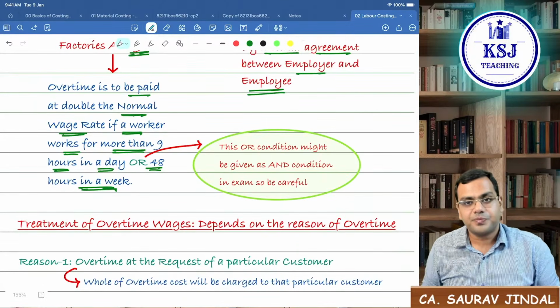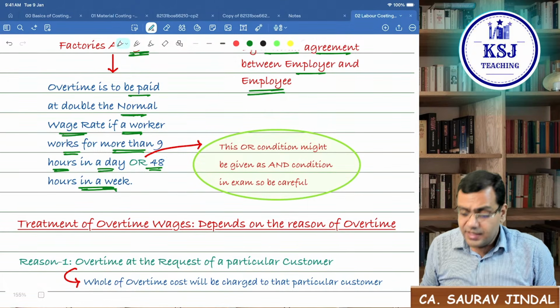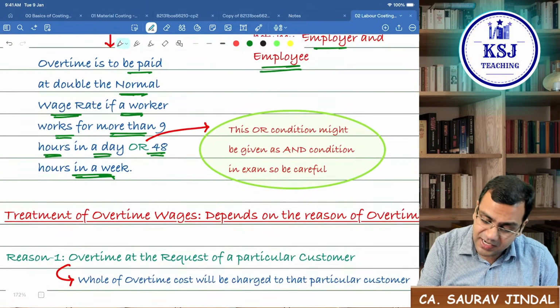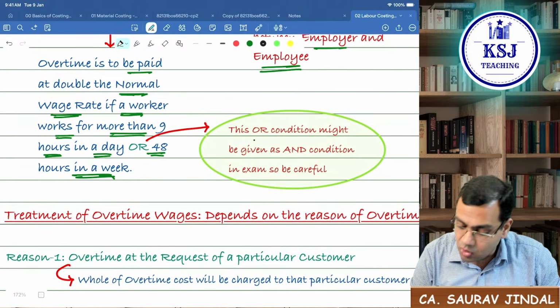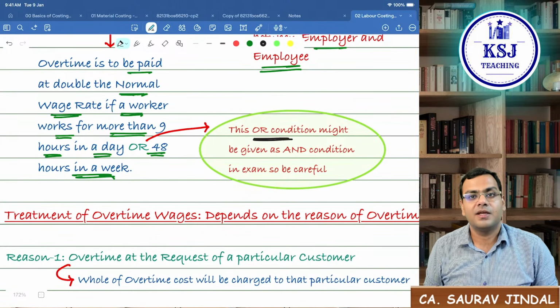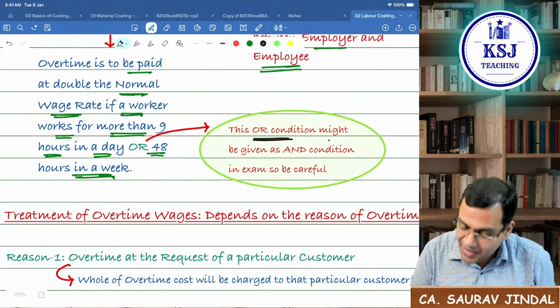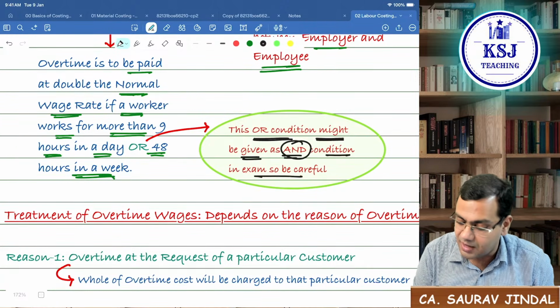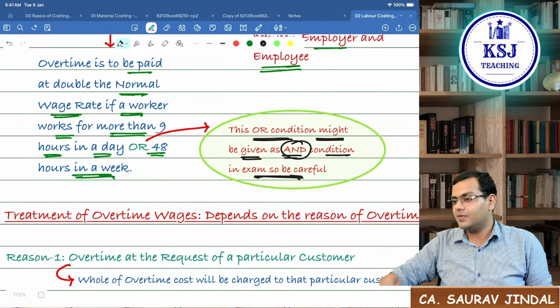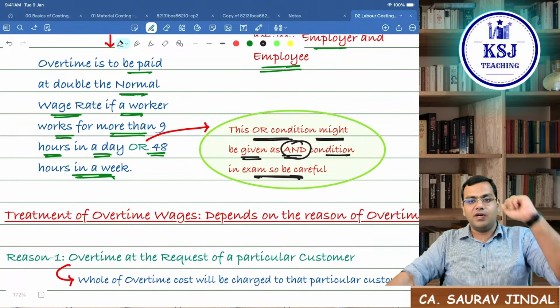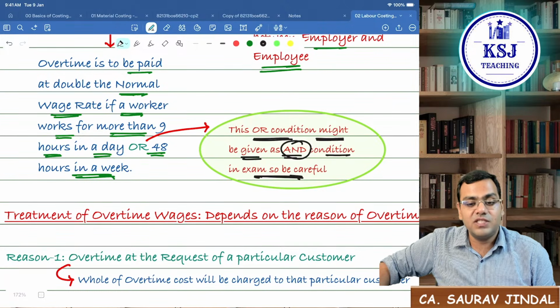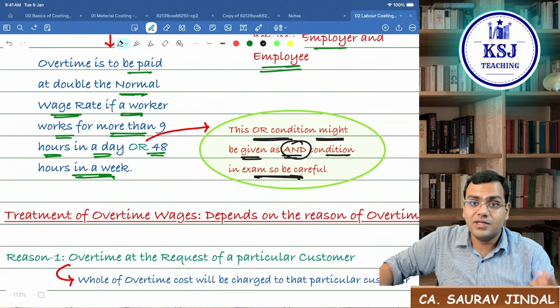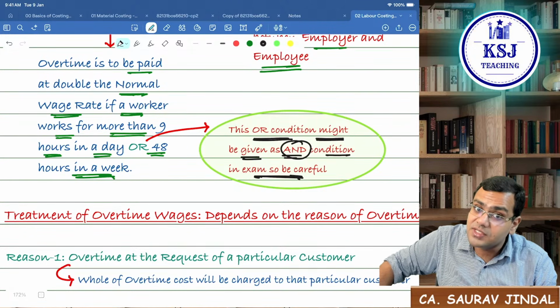Now, the interesting part is what I have highlighted here: this OR condition might be given as an AND condition in the exam. So be careful. In the exam, they might say that the worker will get the overtime if he is working for more than 9 hours in a day and 48 hours in a week.